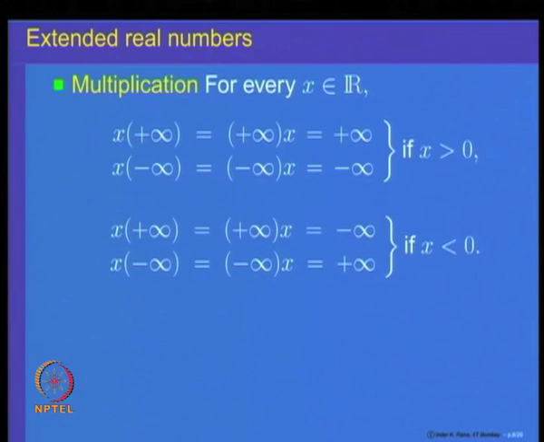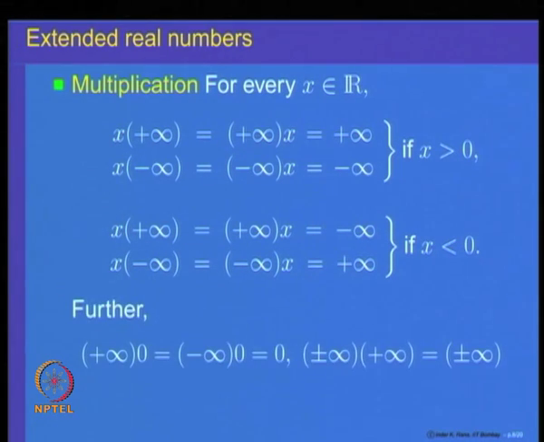So, these are the rules for multiplication, and of course, there is a particular element called 0 in the real numbers. How does that behave with respect to plus infinity and minus infinity? Here are the rules. Plus infinity times 0 is the same as minus infinity times 0, and is equal to 0. That is the same as for real numbers also, where x multiplied by 0, whether positive or negative, is always equal to 0.